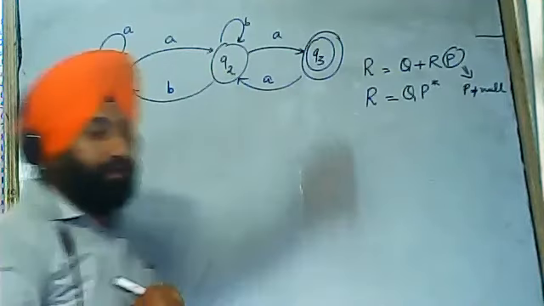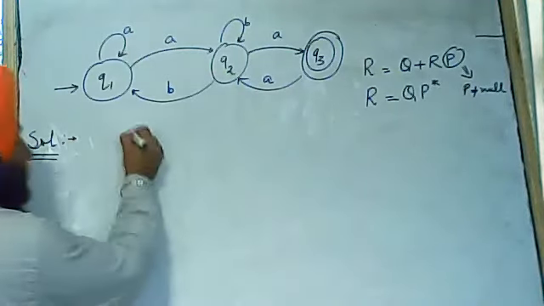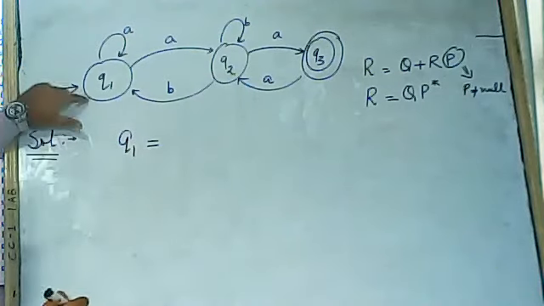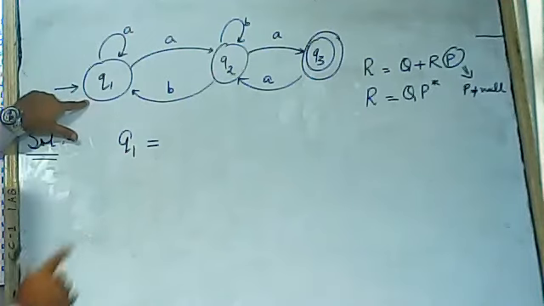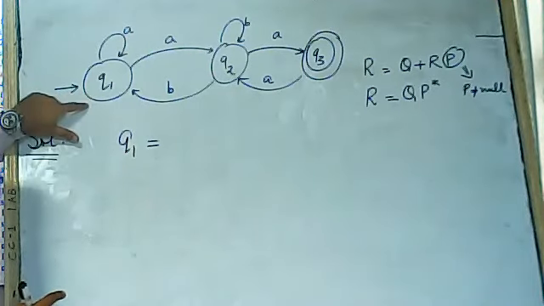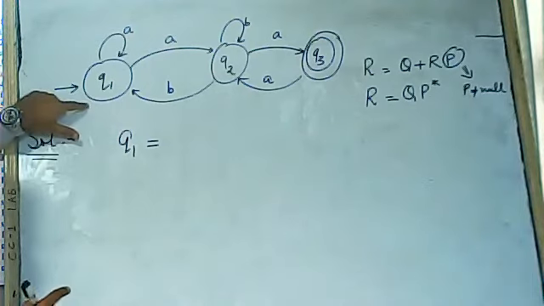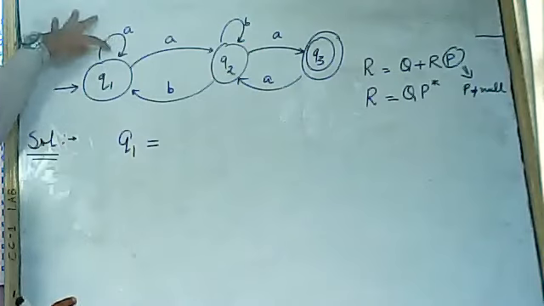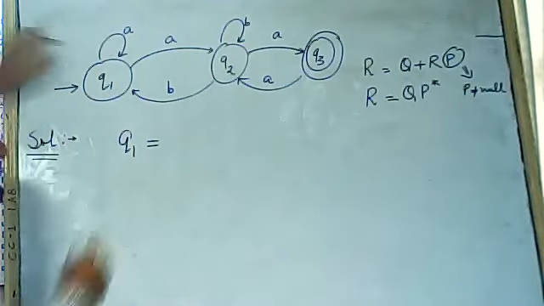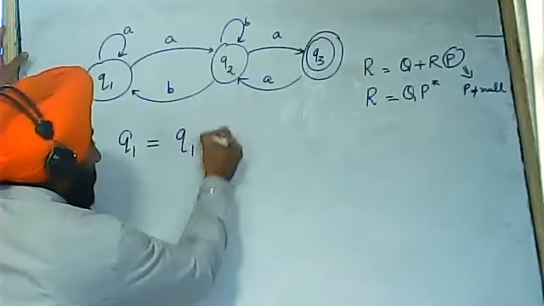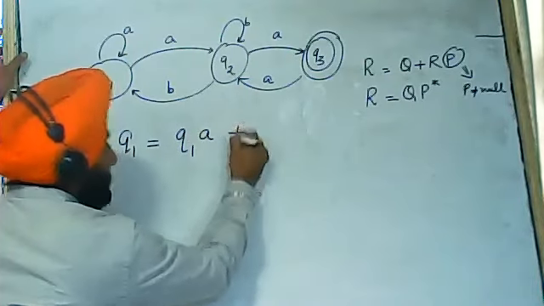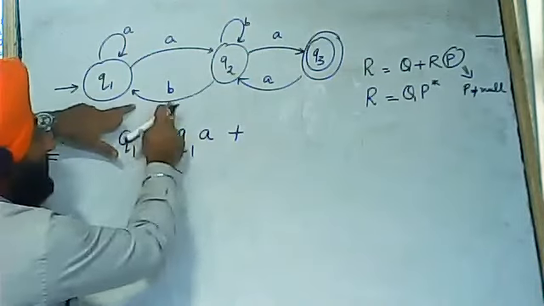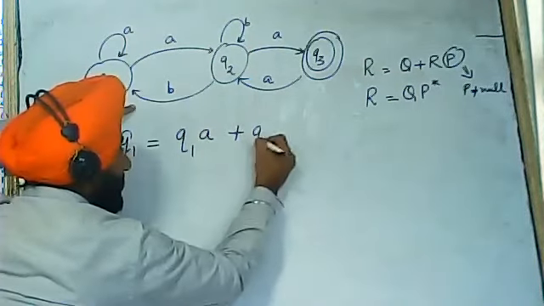So first of all, let me write the equation. For the equation for Q1, you will have to check the incoming arrows towards each state. Q1 upon the processing of A, so the first edge is A. So you need to write Q1A plus, again B is approaching towards Q1, from Q2.